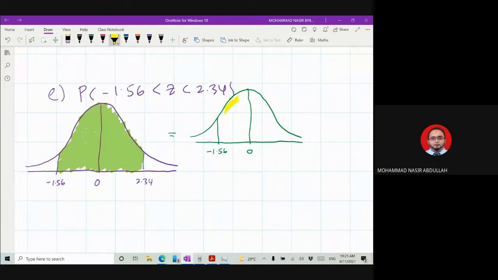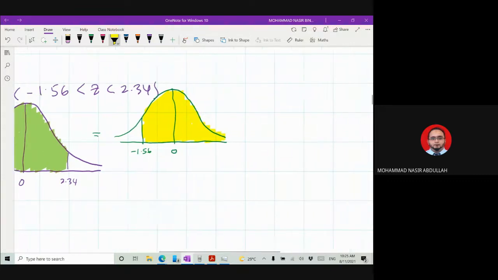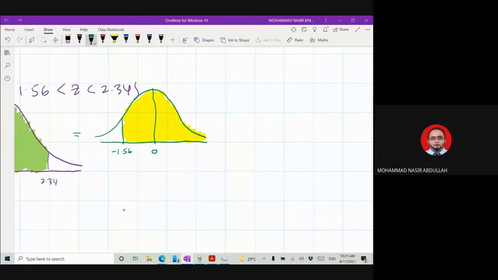So this total area to the right, the whole area, minus this area, 2.34.